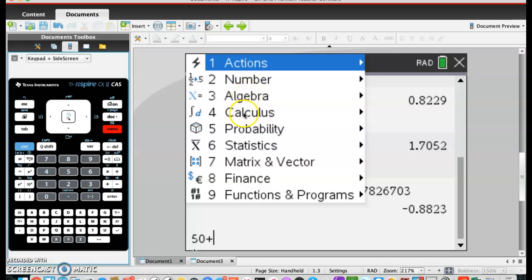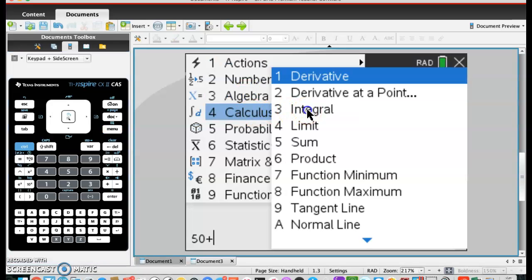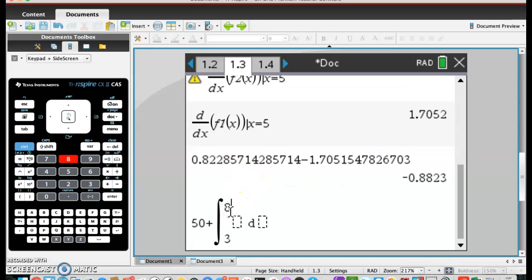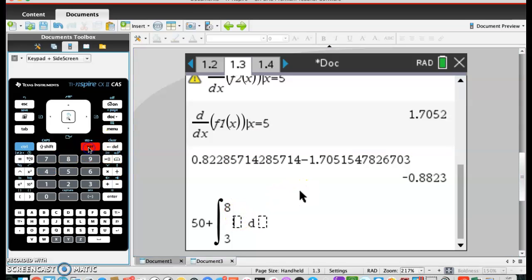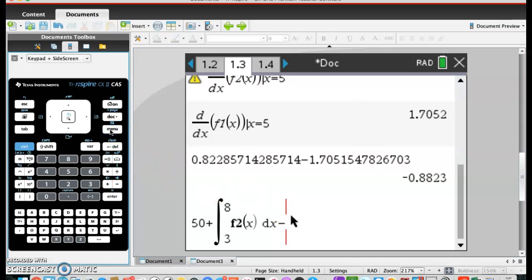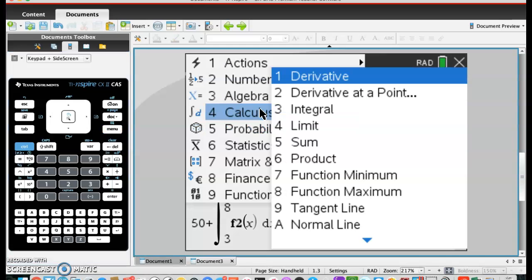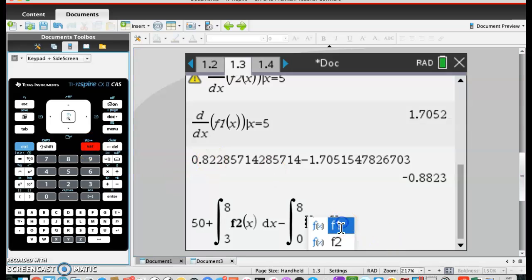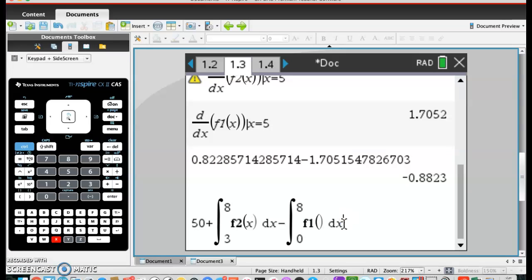Menu, calculus, integral, 3, and the order you do these in doesn't matter, to 8 of f2 of x dx, minus, and new calculus integral from 0 to 8 for f1 of x dx.